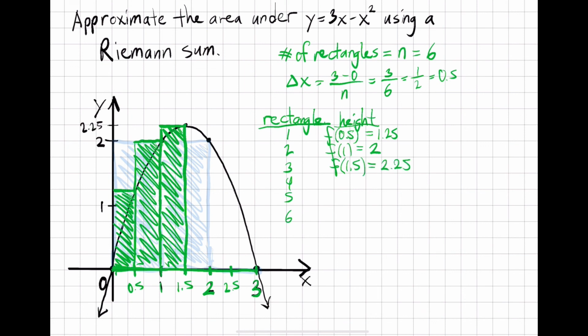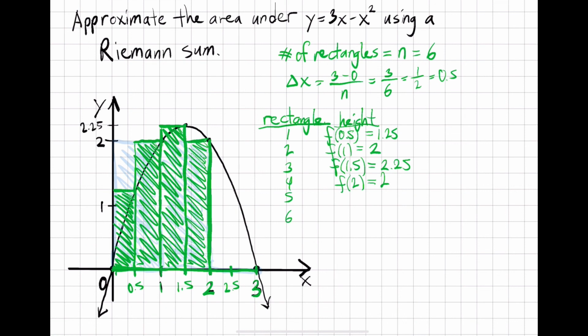We've already done some of the work here, so that's saving us some time. Okay, just keep going. For our fourth rectangle, the x-coordinate we're using is 2. We'll go up until we hit the curve and go over. That height is 2. That's what we get if we plug 2 into the function. So f of 2 happens to be 2.